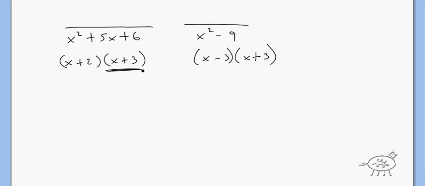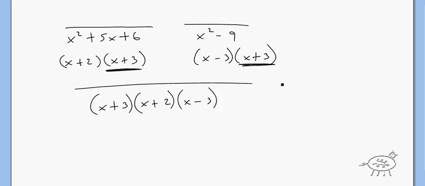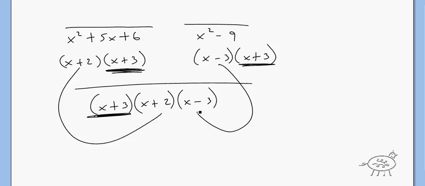What's in common? That's in common, so it's one time I have x plus 3, and I also have x plus 2, and x minus 3. That's my LCD. Okay, it looks big and nasty, but it's what's in common. You say one time, and then you put the rest of the stuff after that. Okay? Not too bad.